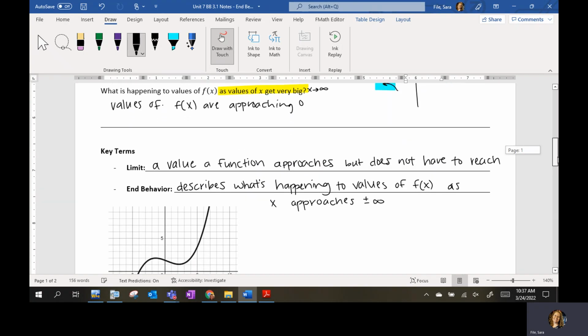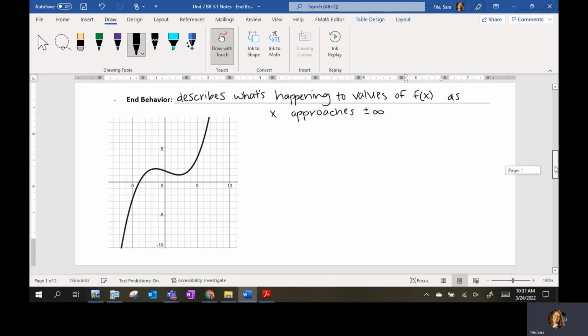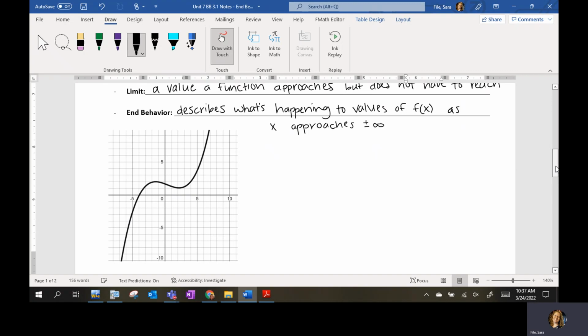Now there is what's called limit notation for end behavior. Okay, so we're going to look at this graph here. This graph, I would say, so as x goes toward negative infinity, because this would be negative infinity on the left, right? So x approaches negative infinity.